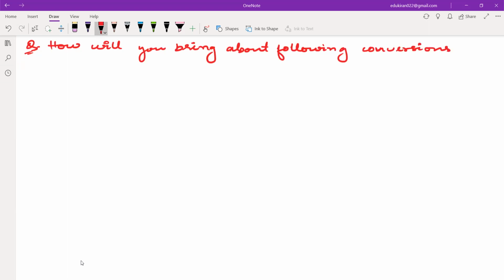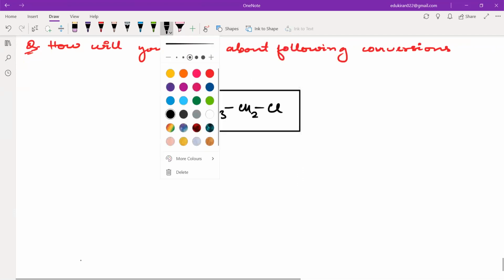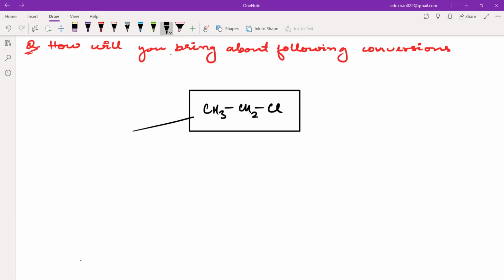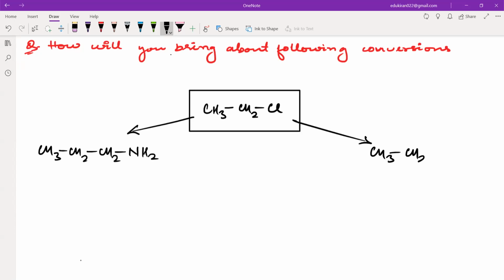Okay, so basically I will start with one molecule, that is CH3CH2Cl. Now from this molecule, I have to make two different molecules. I have to make from this CH3CH2CH2NH2. From this, I have to make CH3CH2NH2.